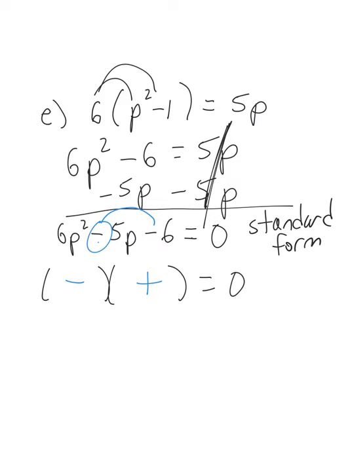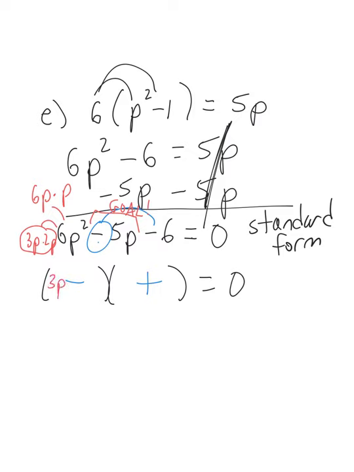The goal here, the middle term, is going to be the negative 5p. For the first term, 6p squared, it could be 6p times 1p, or it could be 3p times 2p. I'm going to try 3p and 2p first.